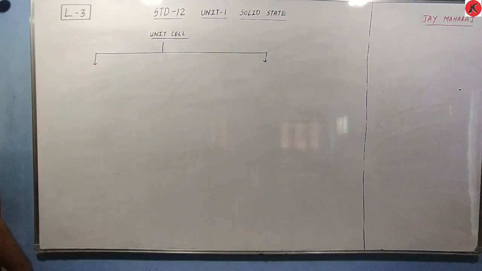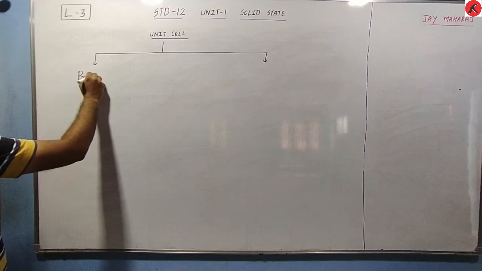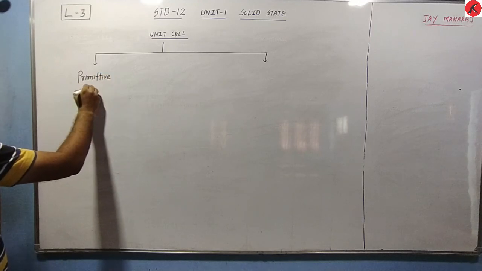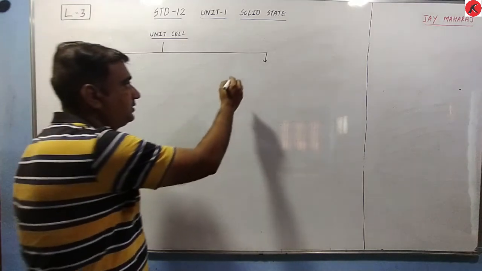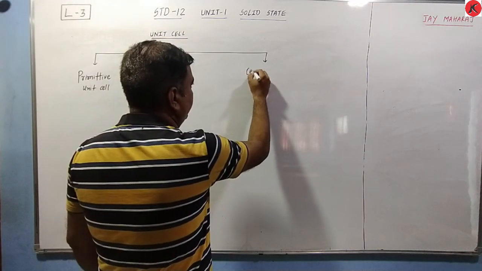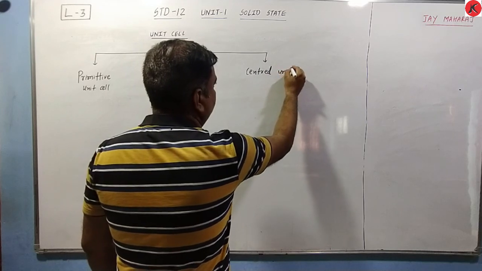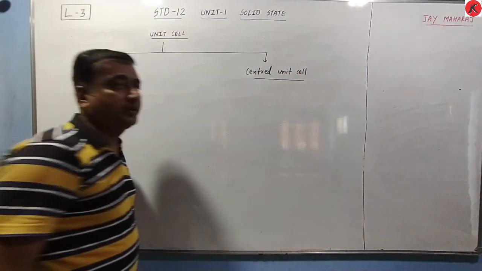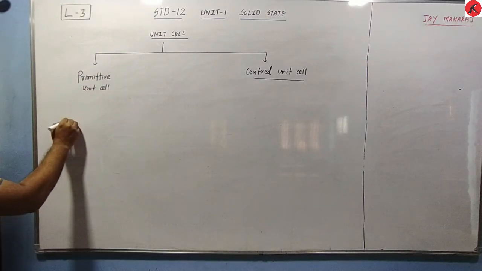Unit cells are classified into two categories: primitive unit cell and centered unit cell. Primitive unit cell means what?